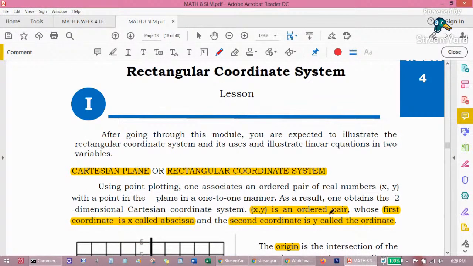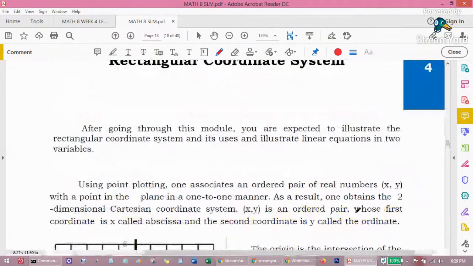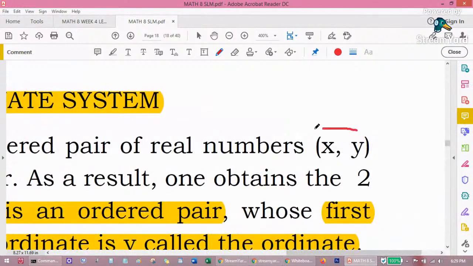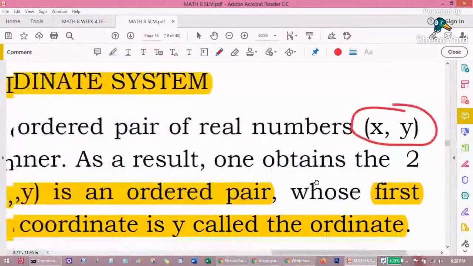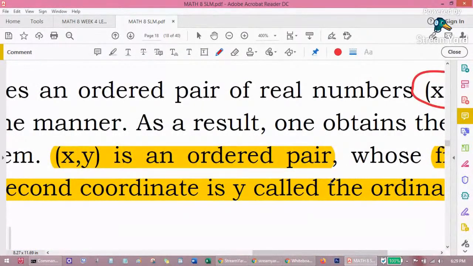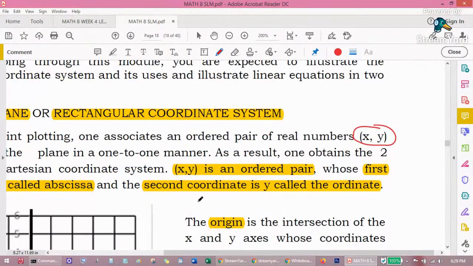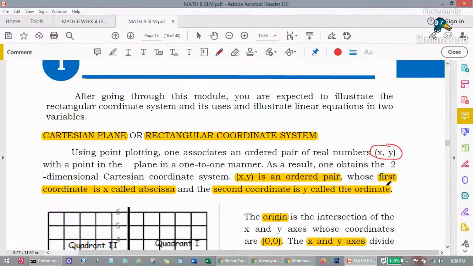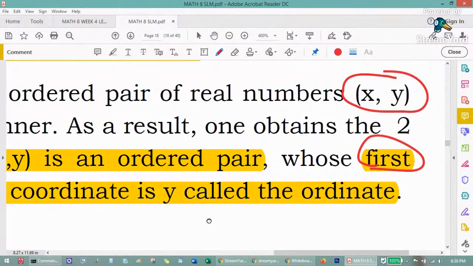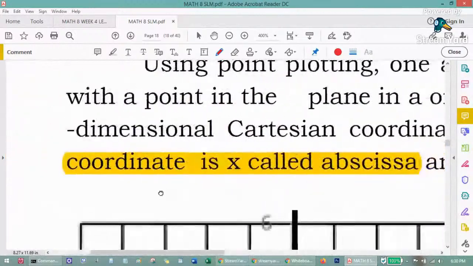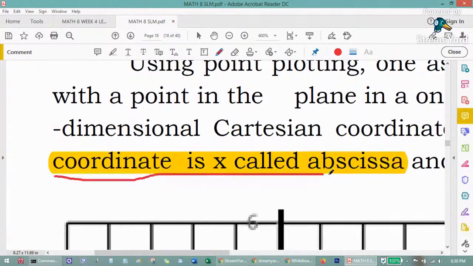So, meron tayong tinatawag ditong ordered pair. So, yung ordered pair consists of x and y. Okay? X and y. Tawag dun is the ordered pair. The first coordinate is called the abscissa or the x.